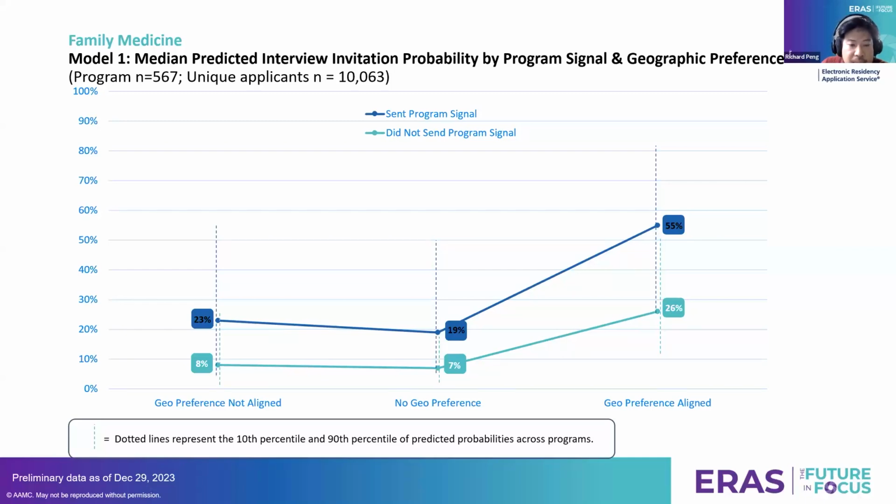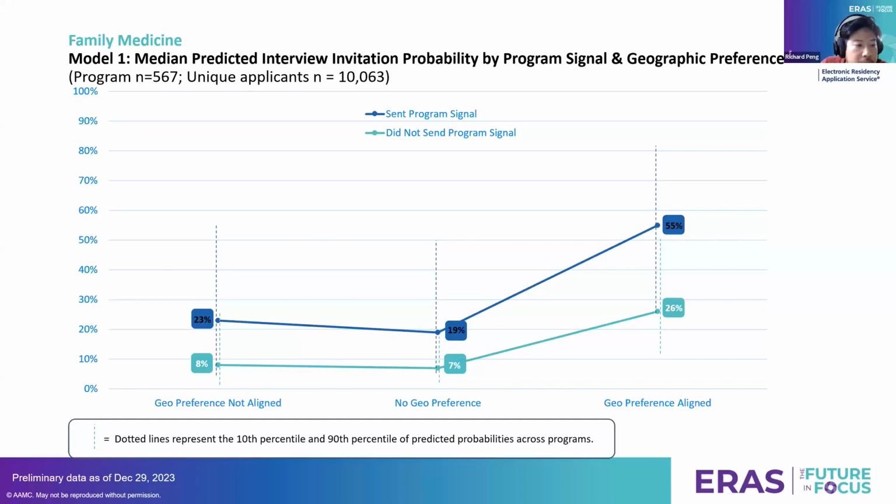The highlighted middle number is the median predicted probability, and the dotted lines represent the 10th percentile and the 90th percentile of predicted probabilities across the programs. These are very important to note because they represent the variation in the use of program signals. And this wide variation makes sense given that programs are still determining how they are incorporating signals into their review process. And of course, there may be other factors that play a role in their selection decision.